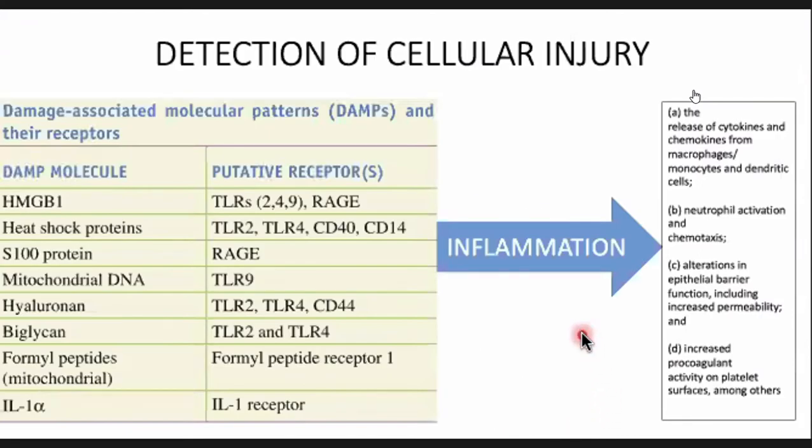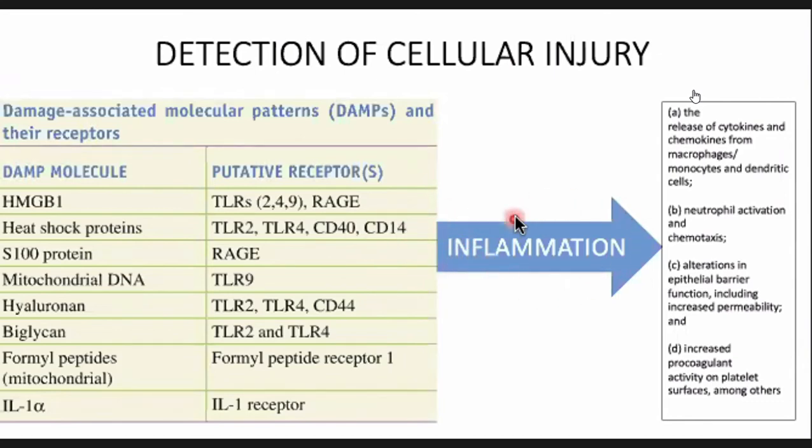In the presence of cellular injury, the body produces your DAMPs, the DAMP molecules. Examples are here in this table, like HMGB1. Then they bind to the putative receptors, your toll-like receptors, your interleukins.